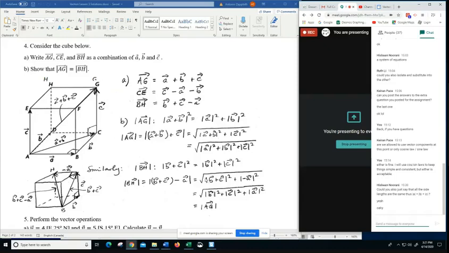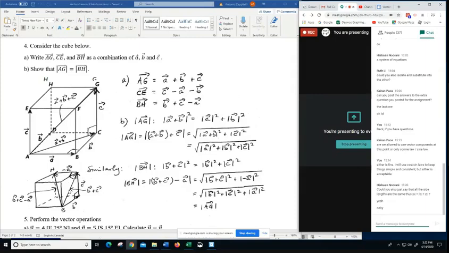But we already determined that the magnitude of A plus B squared was equal to the magnitude of A squared plus the magnitude of B squared. So you end up with this expression, which of course, now that I look at it, you could simplify because they're all equal. You could just write it as the square root of 3 times the magnitude of A squared. Okay, that would have made it even simpler. And then you can get to the exact same result going in the direction I did here.